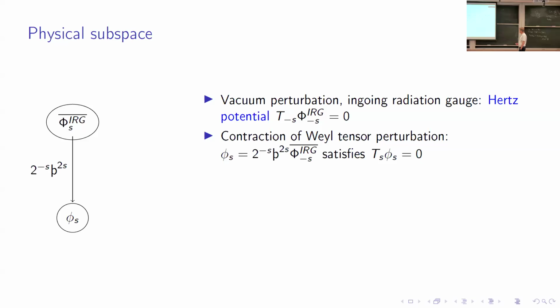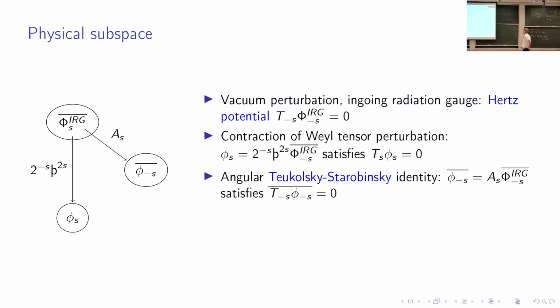If you take some GHP derivative, this is linked to the Teukolsky-Starobinsky identities, then you get the solution of the other equation, the first observation. And you also have some angular Teukolsky-Starobinsky identities. These are also operators that you can write down in this GHP formalism, but which are purely angular.